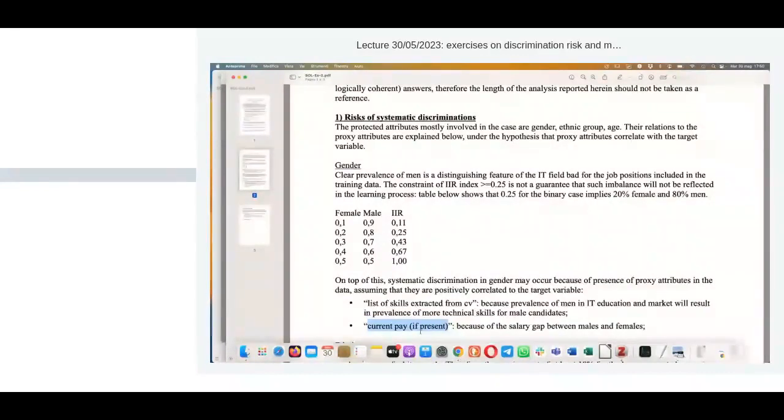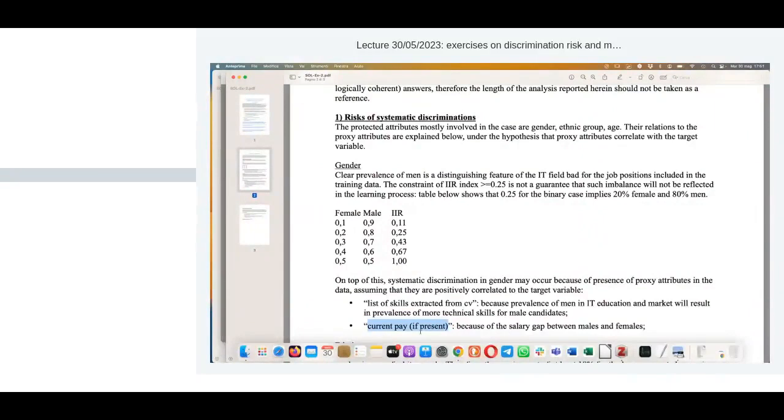But under the hypothesis that current pay is correlated with, and is an important factor for, the target variable. Because if the model learns this correlation, then the recommendations will be skewed towards the success factors of having been hired, that is current pay, and so also gender. This is important.